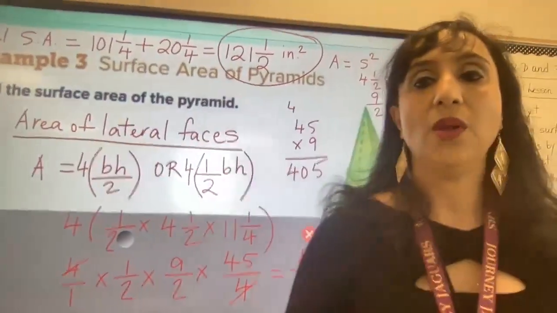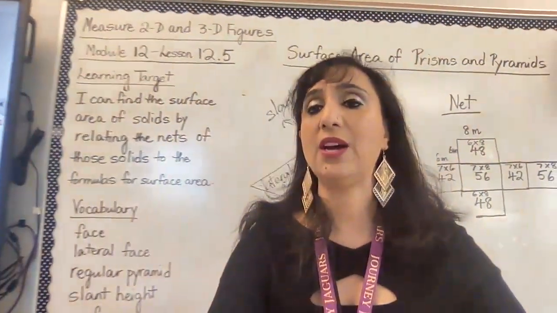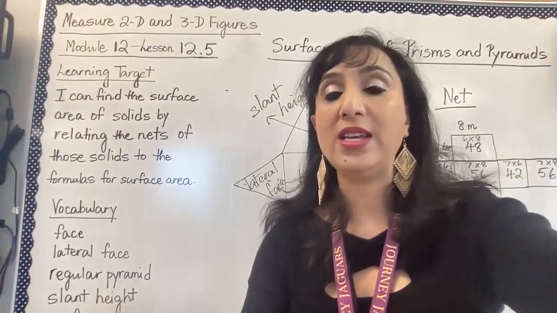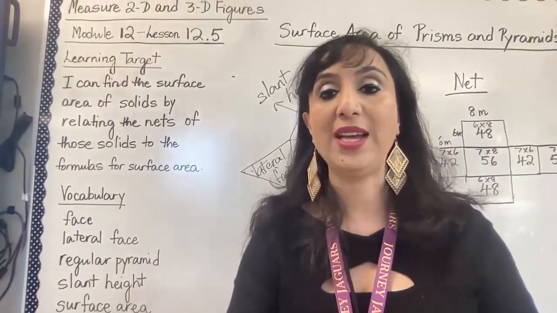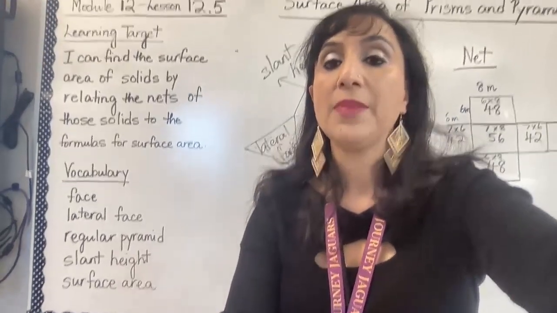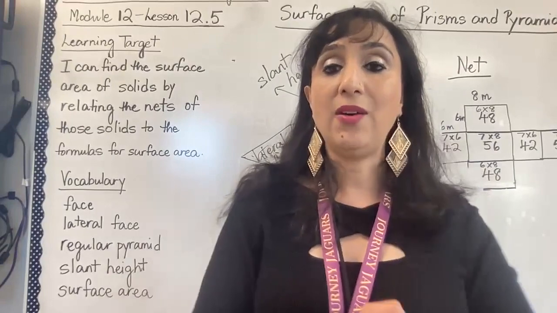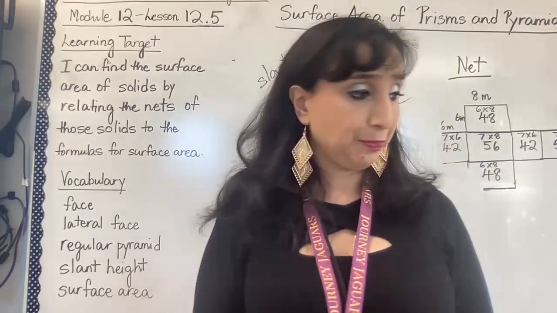So that concludes our lesson on surface area of prisms and pyramids. Just remember the different faces, and basically you're just finding the surface area of each face, and then adding them all up. And of course, since it's area, the answer is going to be in square units.